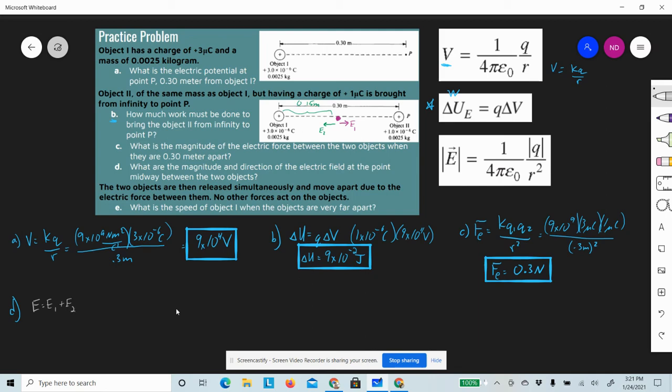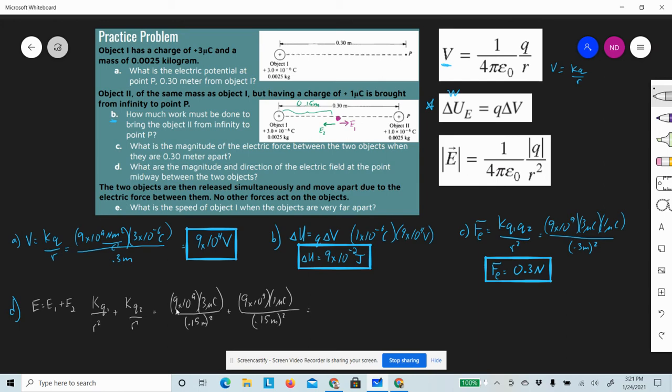Electric field, KQ over R squared, plus the other one, K Q2 over R squared. 9 times 10 to the 9th times 3 microcoulombs over 0.15 meters squared, plus 9 times 10 to the 9th, 1 microcoulomb over 0.15 meters squared.